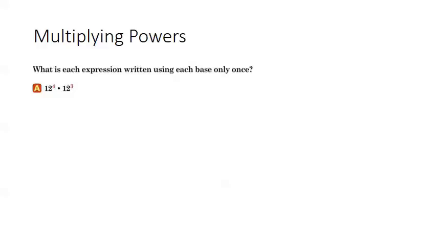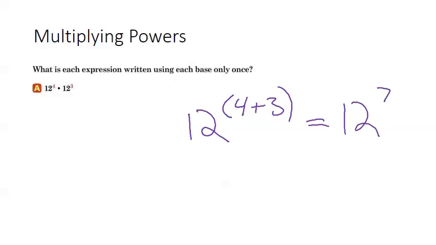So 12 to the power of 4 times 12 to the power of 3. They have the same base. 12 is the base. So what are the two exponents, 4 and 3? Because they're multiplied, we're going to add them. Hopefully you know, and you don't need a calculator, 4 plus 3 is 7. So our answer is 12 to the power of 7. And that's it.